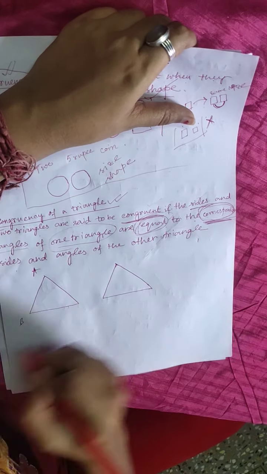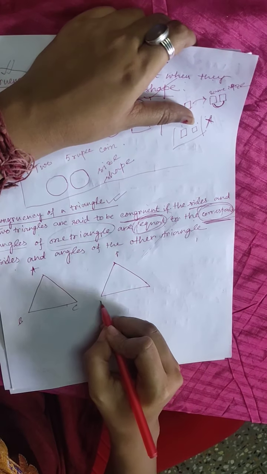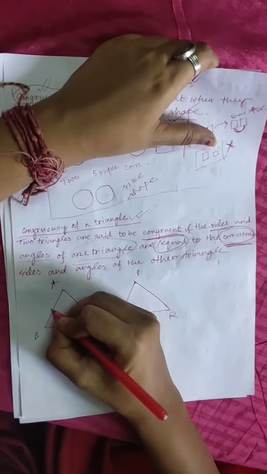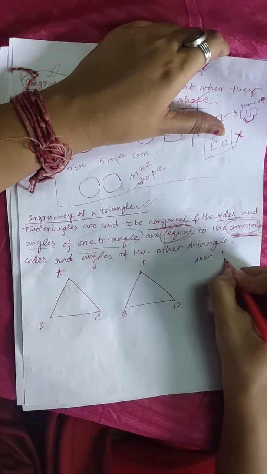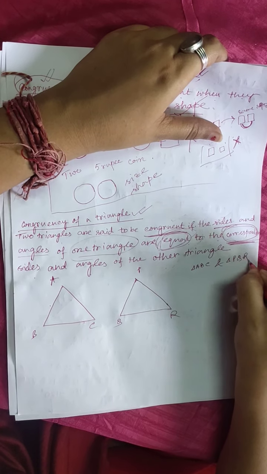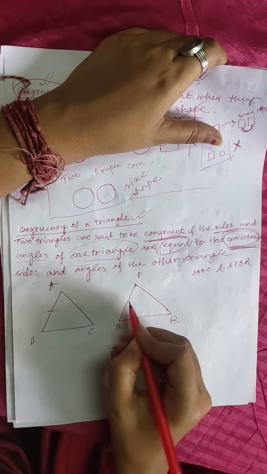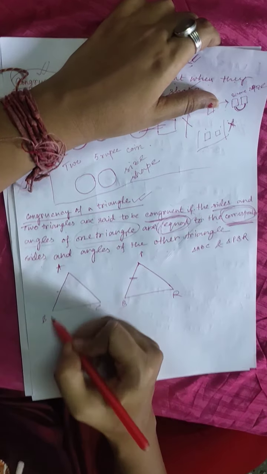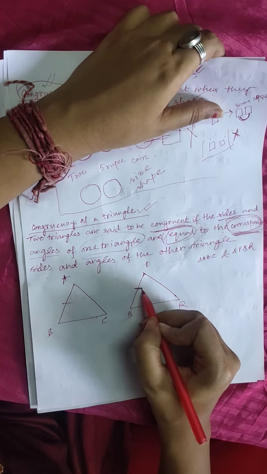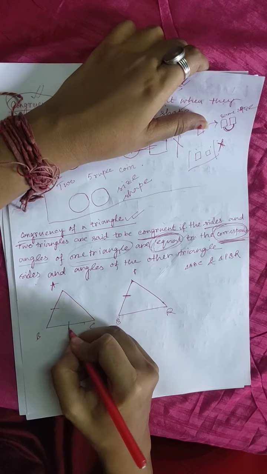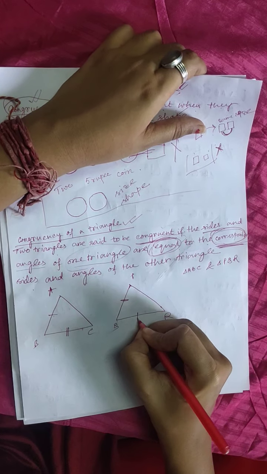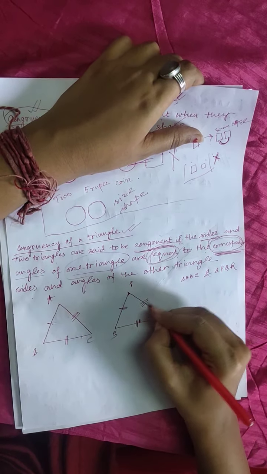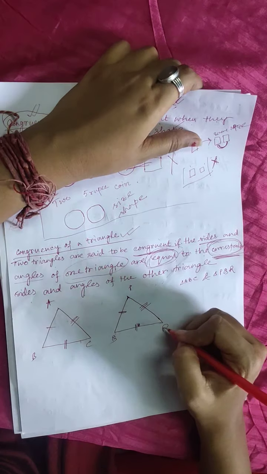It's A, B, C and it's P, Q, R. Now, if I say that from triangle ABC and triangle PQR, side AB is equal to the corresponding side PQ of triangle PQR, BC is equal to the corresponding side QR, and AC is equal to the corresponding side PR.